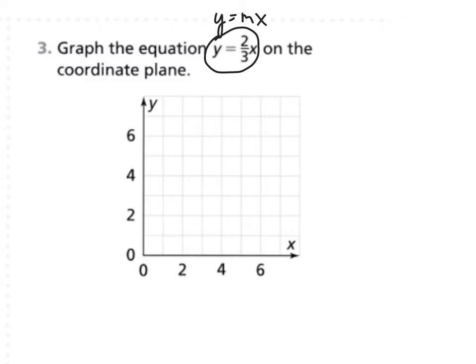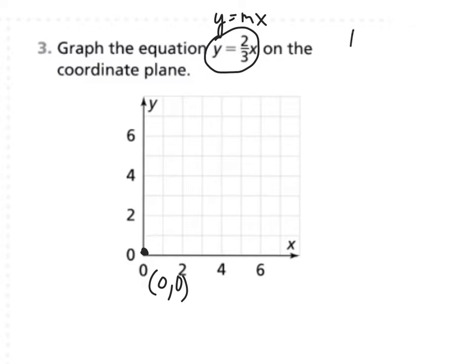If we know it's proportional, we know it goes through 0, 0, and it makes a straight line. So just by that equation, I can put a point here at 0, 0. Obviously, 0, 0 and it being a straight line isn't enough for me to know what the angle of that line is. So we've got a couple of options here.